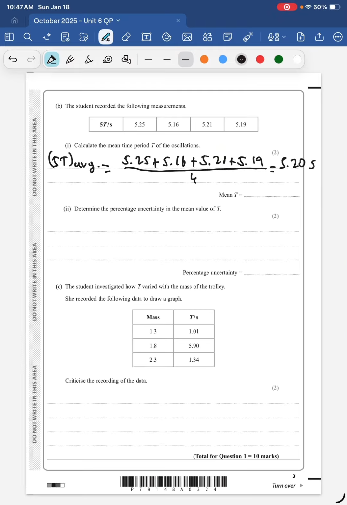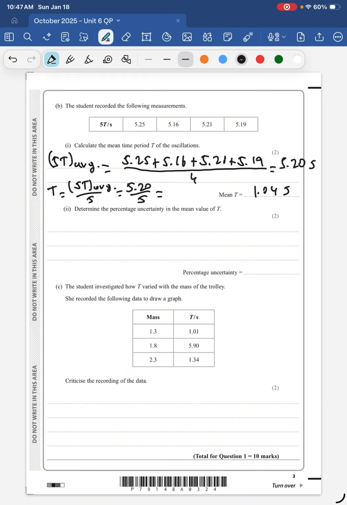And we have to divide this. So to find the period, we have to divide 5t average by 5, right? So 5.20 over 5 yields 104, okay? So 104 seconds.